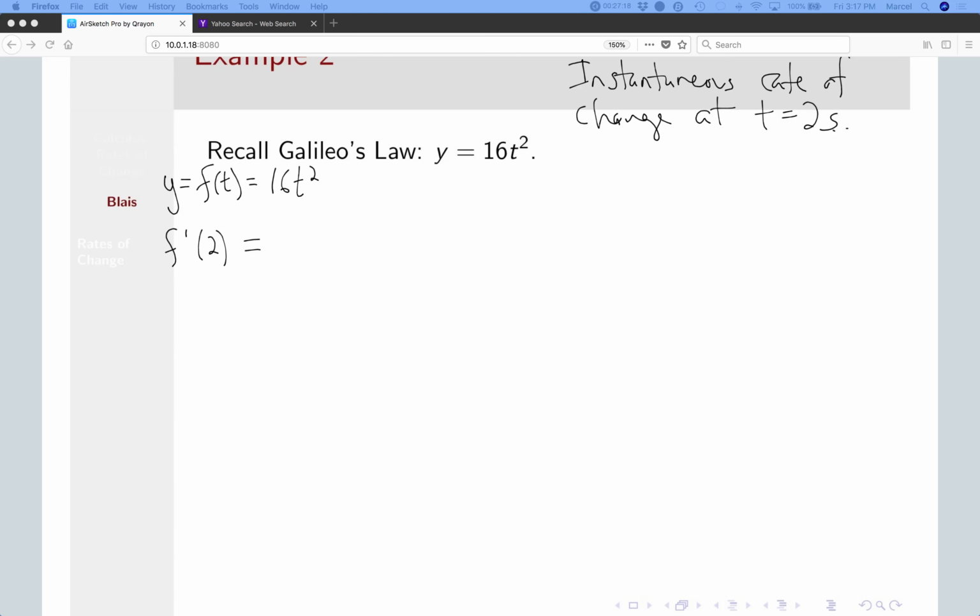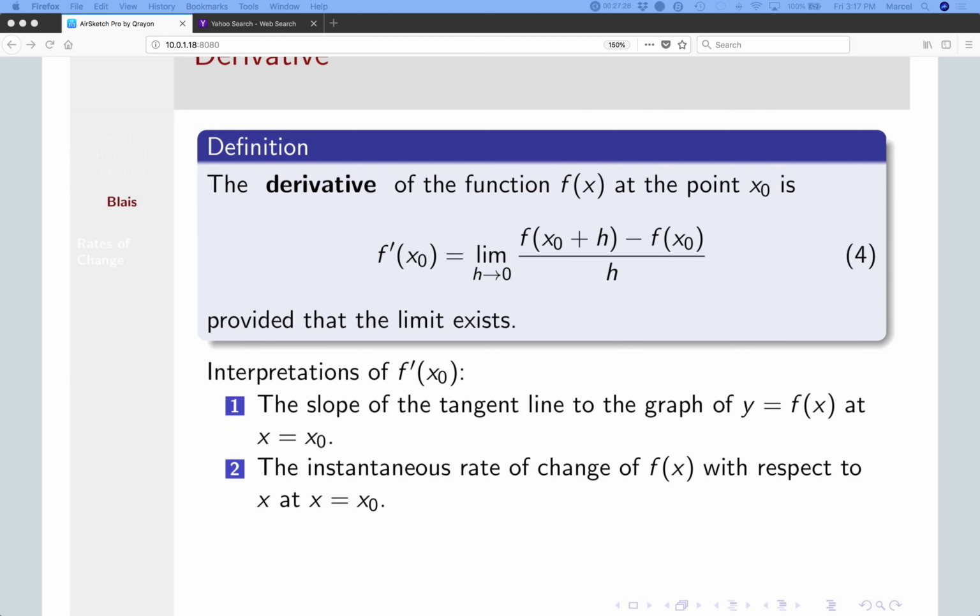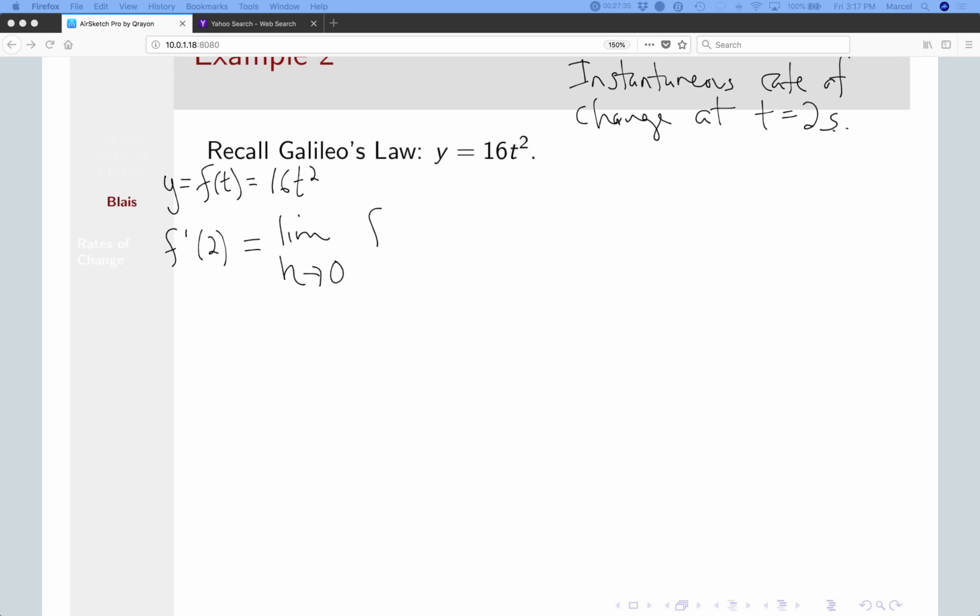And using the expression we derived in the previous page, limit as h goes to 0 of, we need f of 2 plus h minus f of 2 over h. So all we've done is plugged into that previous theorem a value of 2.